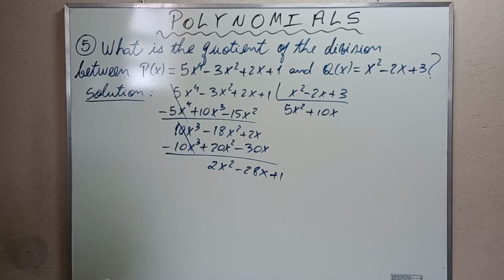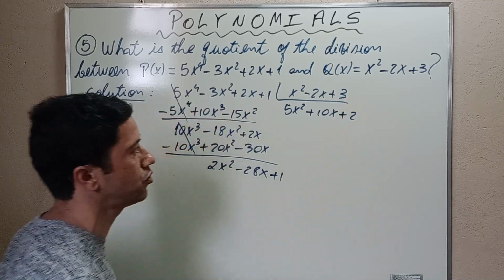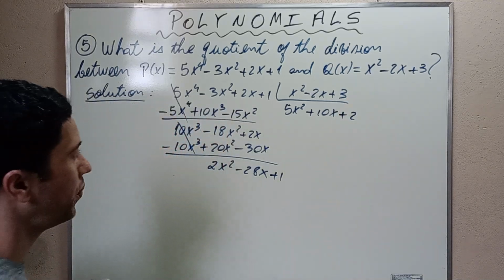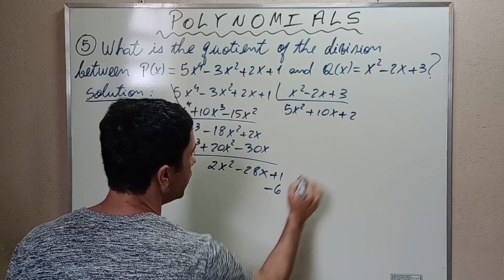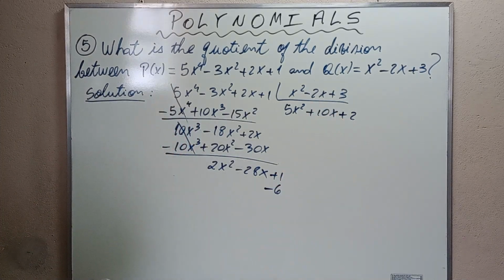2x squared divided by x squared is 2. 2 times 3 is 6. I pass negative 6. 2 times negative 2x is negative 4x.